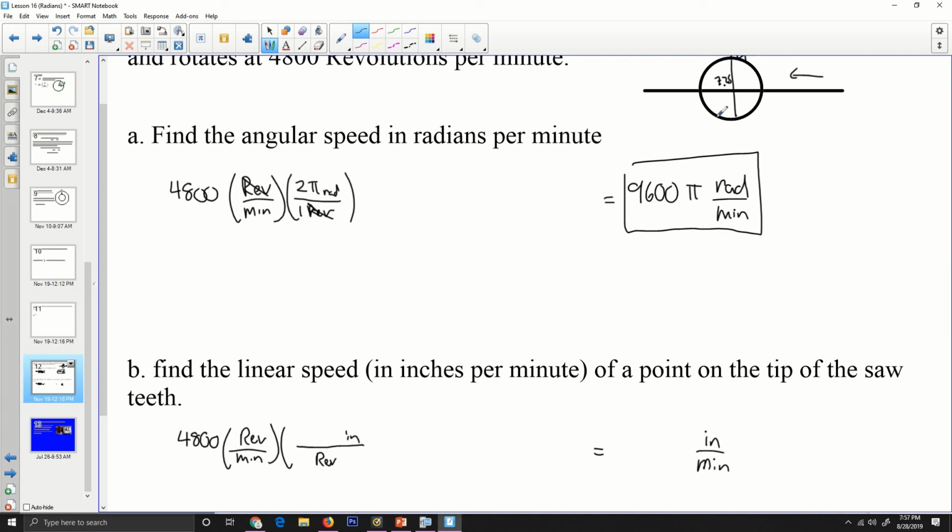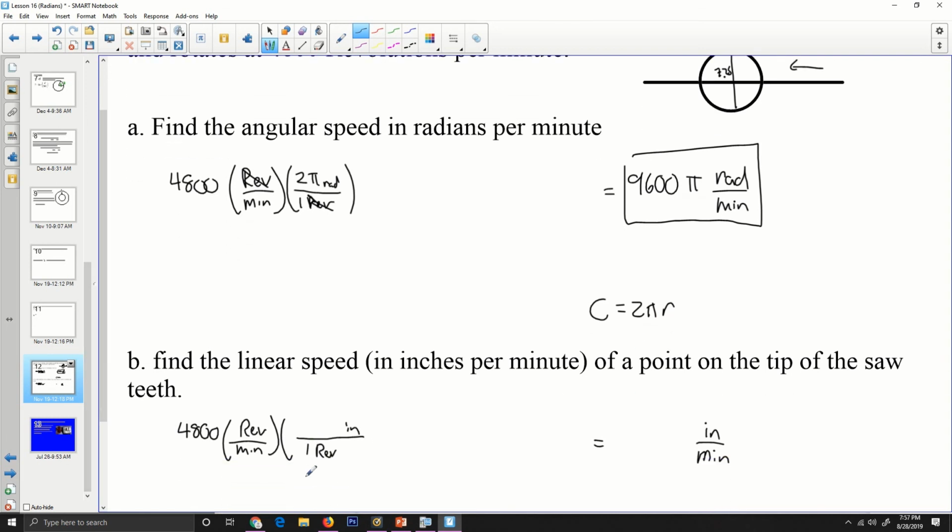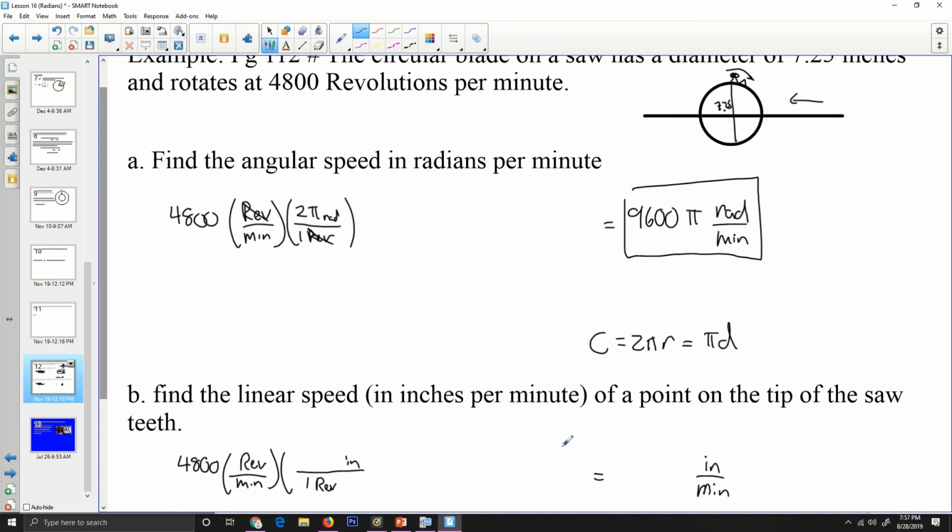If I go around the circle, I'm going around the circumference. Remember, circumference is 2 pi r. Or, to make it easier on ourselves, there's an alternative: instead of 2 pi r, we can say pi d, which is the same thing.